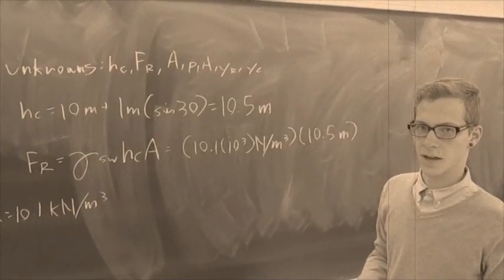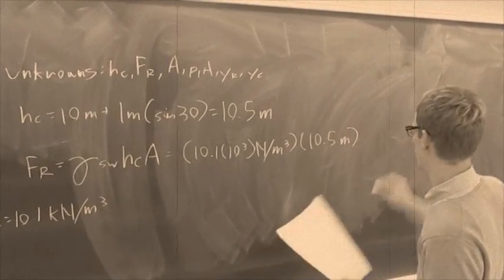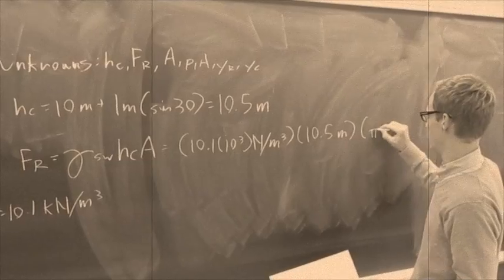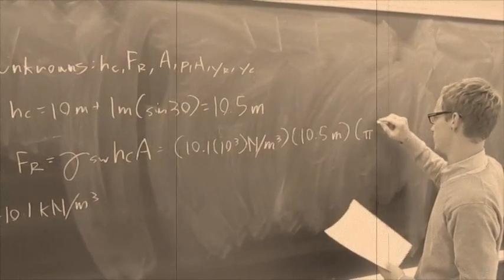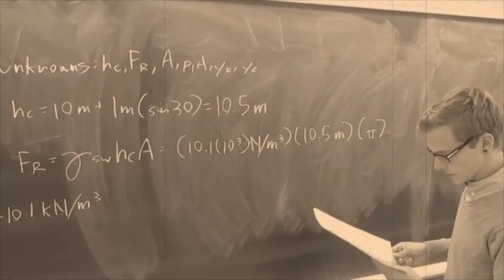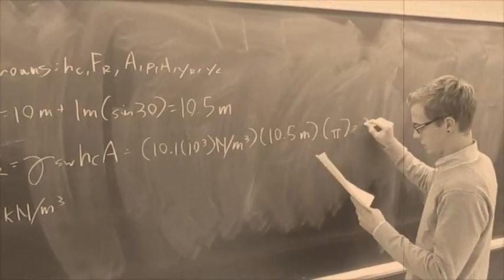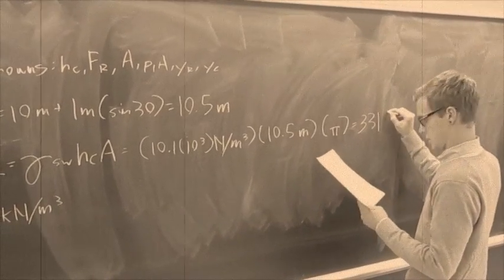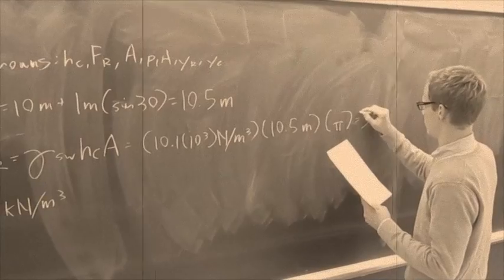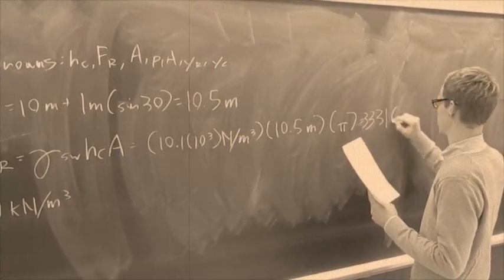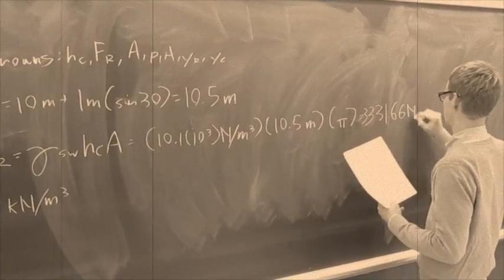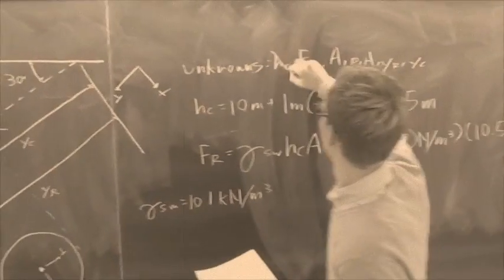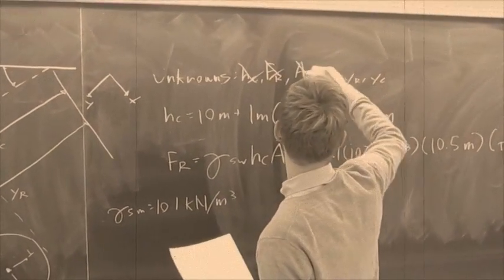Since we have a 2 meter diameter hatch, then pi r squared is just going to be pi times 1 squared, which is just pi. And this will give us Fr. Fr is 333.166 newtons.